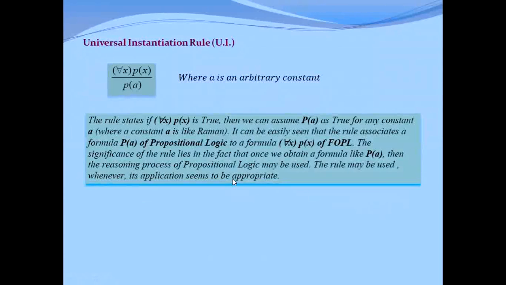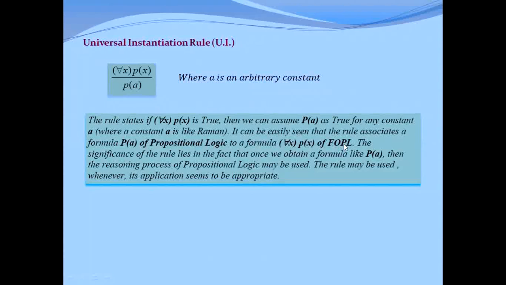The rule states if for all x, P(x) is true, then we can assume P(a) as true for any constant a, where a constant a is like Raman or any other name or number or anything that is a member of this domain x. It can be easily seen that the rule associates a formula P(a) of propositional logic with a formula for all x, P(x) of FOPL.